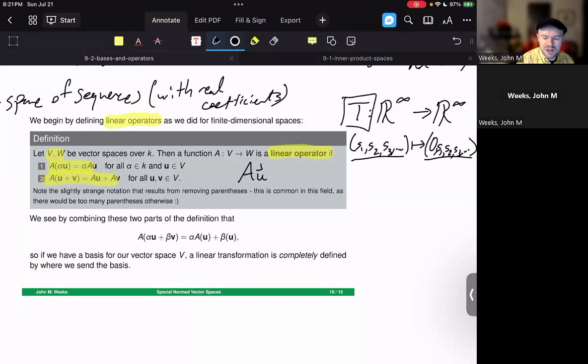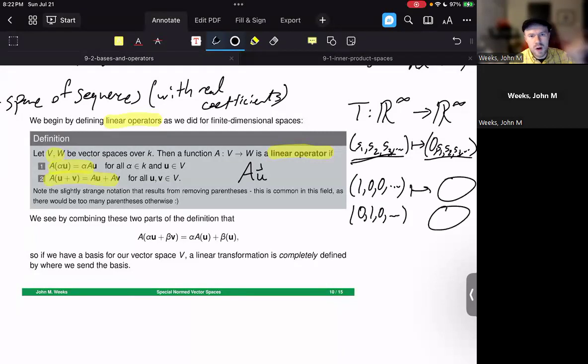Now, if you try and generalize it a little bit, which you're free to do if you'd like, although that's not our definition of it, you could think of the transformation T as like an infinite dimensional version of a matrix. If I wanted to, I could try and figure out where the ones and the zeros go in sending a vector like S1 to S1 over here, or taking elements of a basis like 1, 0, 0, and 0, 1, 0, and so on and so forth, how these map over here, and then figure out where the ones and zeros need to go in an infinite dimensional matrix there.